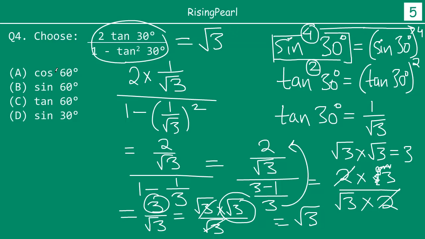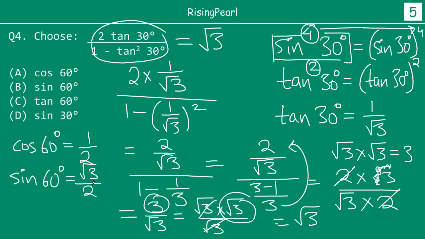Now we have to find out which answer choice here is square root 3. Cos 60 degrees is equal to 1 by 2. You should know this because, like I mentioned, you must remember the table. Sine 60 degrees is root 3 by 2.